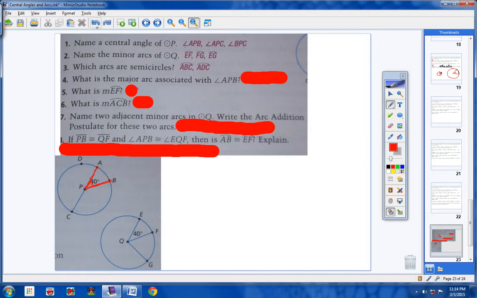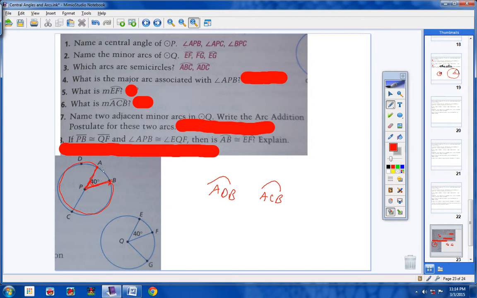But the major arc, which is what it's asking for, the major arc associated with this angle starts at A and goes all the way around to B. So you could call it arc ADB, or you could call it arc ACB. Either one of those two are acceptable, and that's the major arc that's associated with the angle APB.